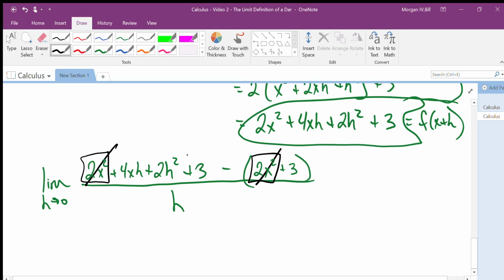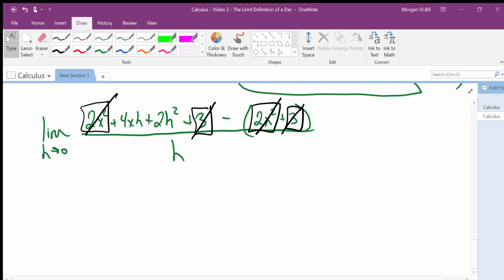Also, in the first f of x plus h, I have a positive 3, and I have a minus 3 here, and 3 minus 3 is 0. That also cancels. That leaves us with the limit, and I'll keep writing the limit each time until we're at the end. The limit as h goes to 0 of 4xh plus 2h squared over h.